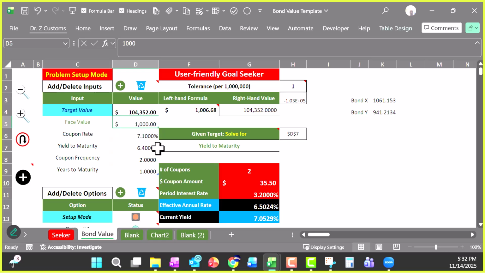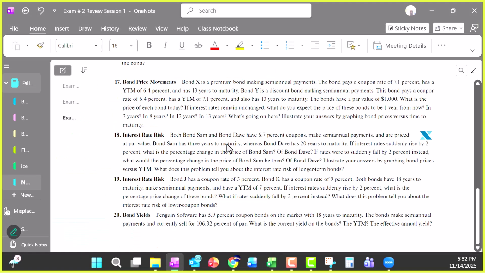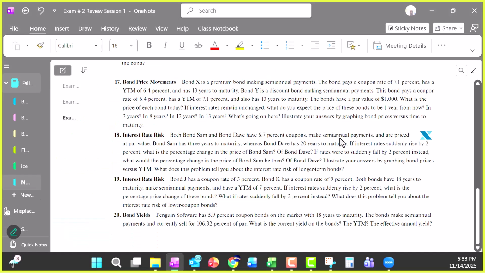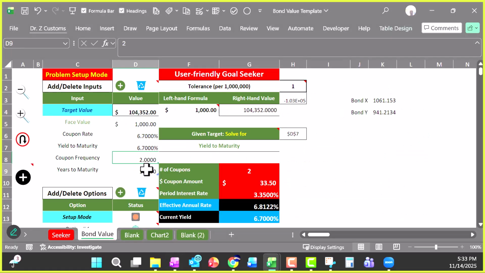Originally, coupon rate and bond yield to maturity are the same. So 6.7, semi-annual. Let's think about the bonds. Sam.